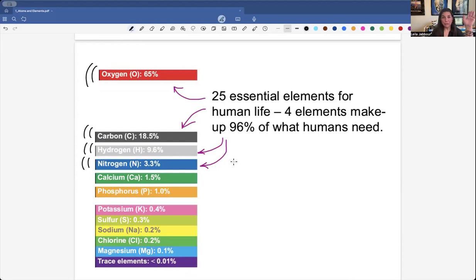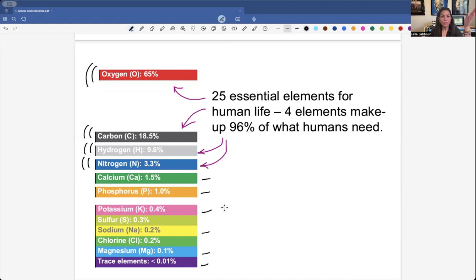But in total, there's 25 because we also need calcium, we need phosphorus, we need potassium, and sodium and sulfur and magnesium and chlorine, and also trace elements that are very, very small in percentage, but we still need them to survive.